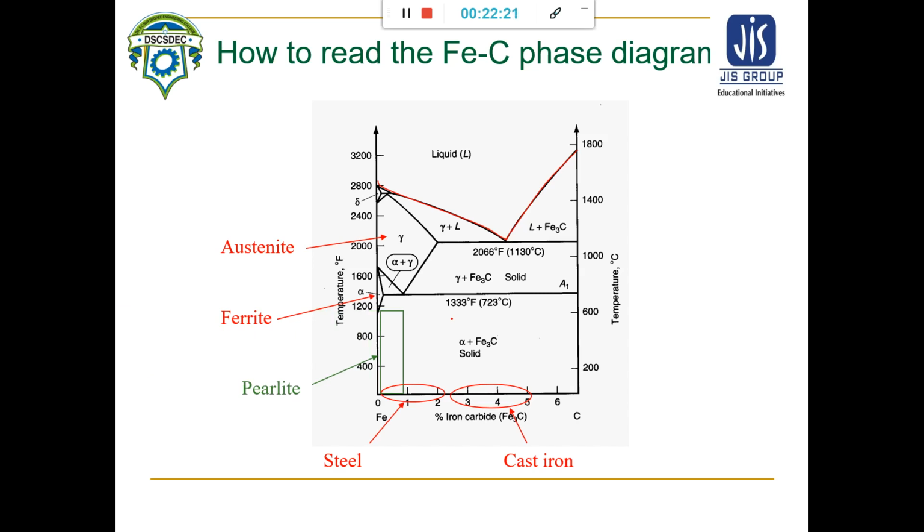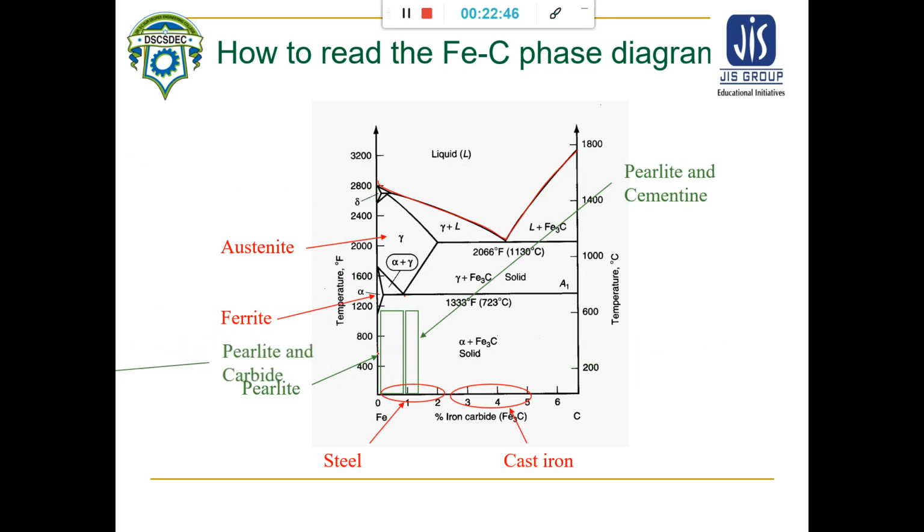And in the steel range, there is first the pearlitic range or pearlite, up to this eutectoid reaction point. This is known as pearlite. And after the pearlite, there is pearlite and cementite, that is, more cementite is there. So the name will be pearlite and cementite.